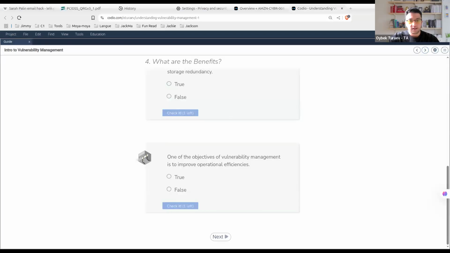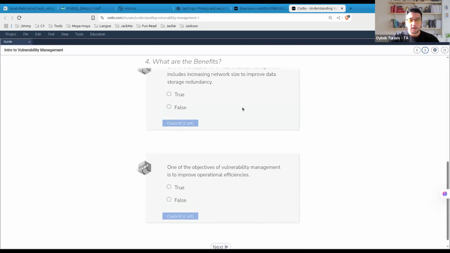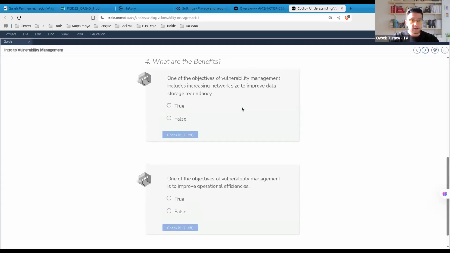Let's answer this question. Do we say true or false? Thank you, Zainab. Please answer in Zainab's thread. Appreciate it. It's false, right? We do not use vulnerability management for redundancy purposes. It's going to be false. Okay, very good.